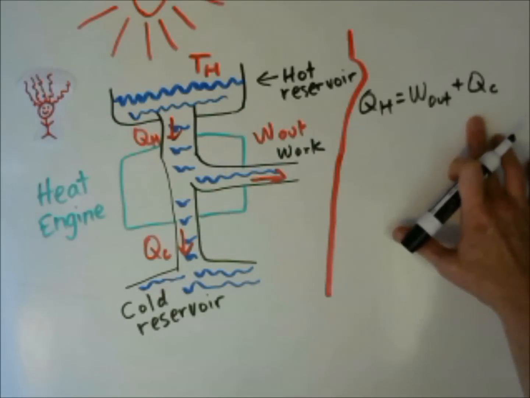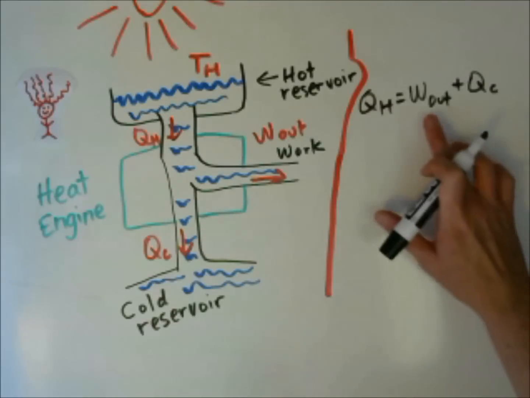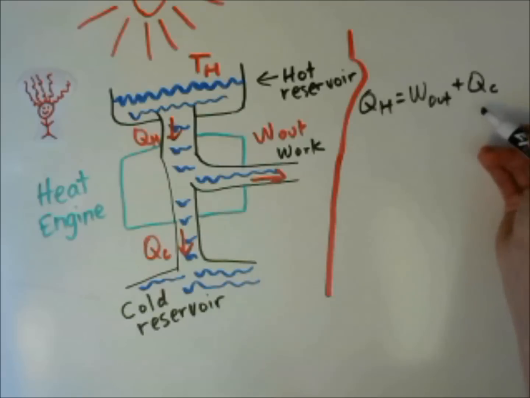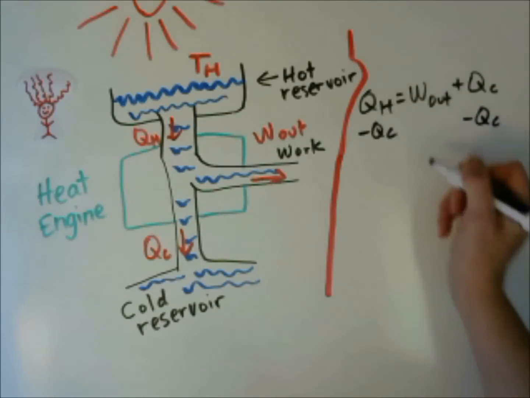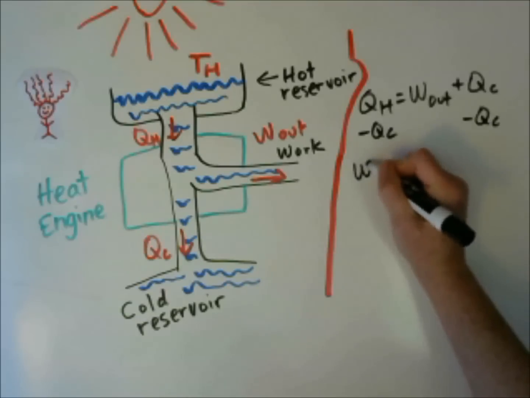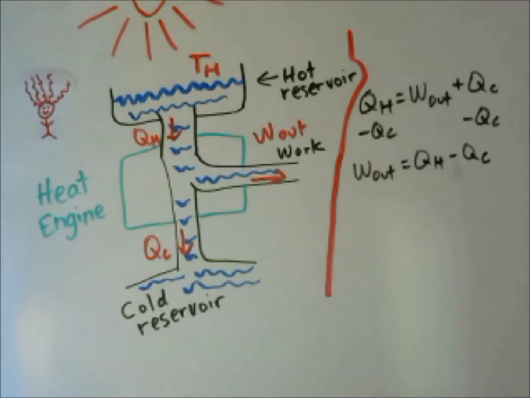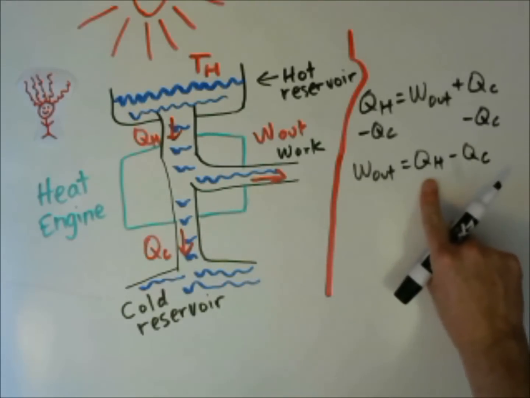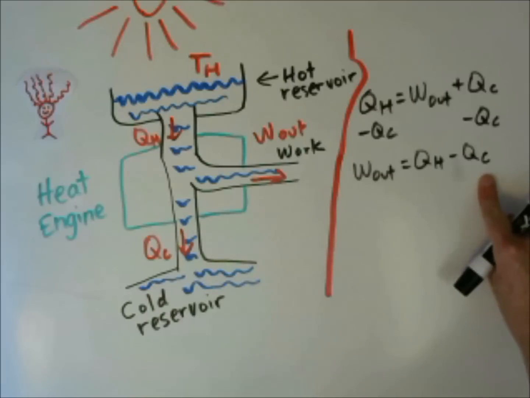We can also find the work output of this engine by rearranging this equation, just subtracting QC, and we get the work out is the heat that goes in minus the heat that comes out. That'll give us the work that comes out.